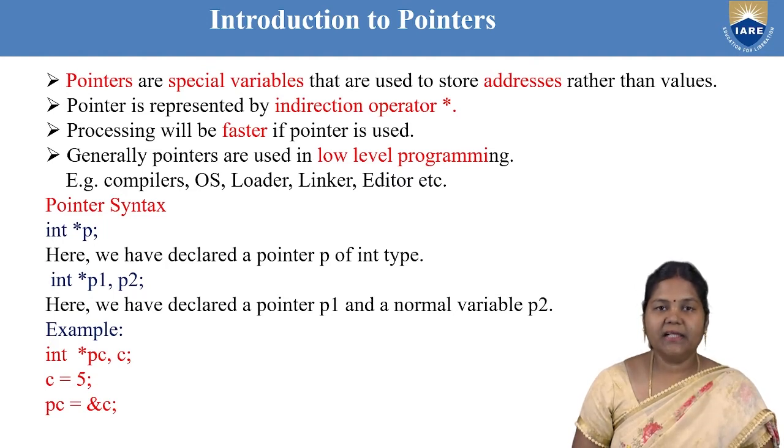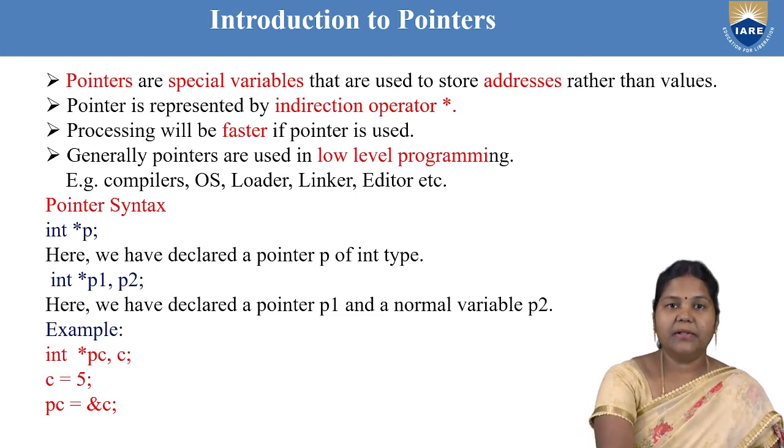But a specialized pointer always contains the address of a specific type of variable. For example, if you want to store the address of an integer, declare an integer pointer. If you want to store the address of a character, then declare a character pointer. So these are called the specialized pointers, which deal with integers, characters, floats, and so on.